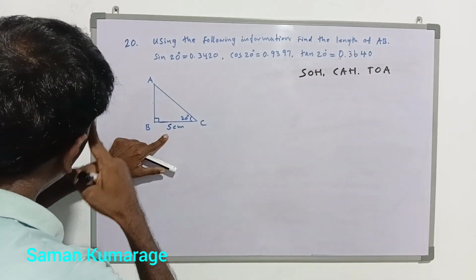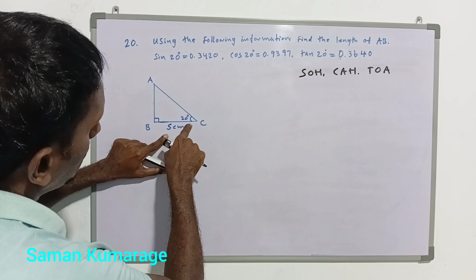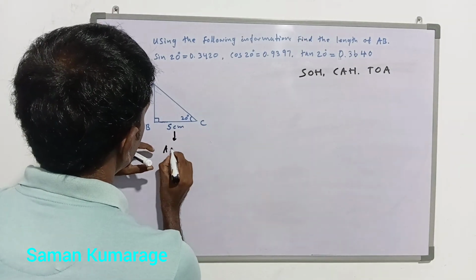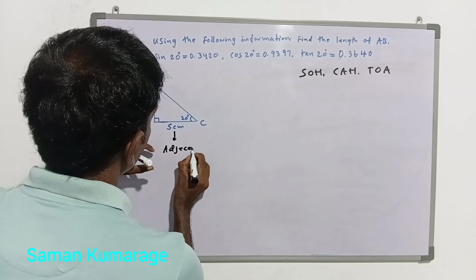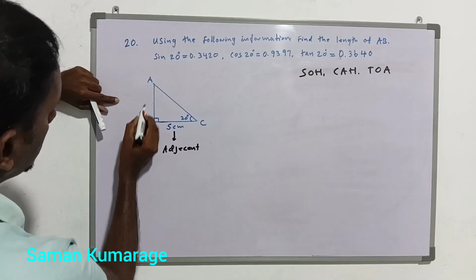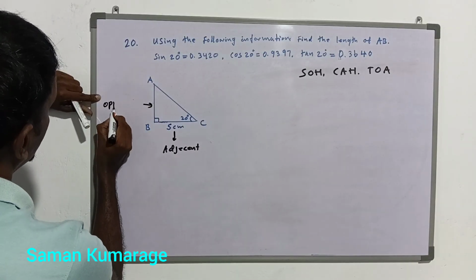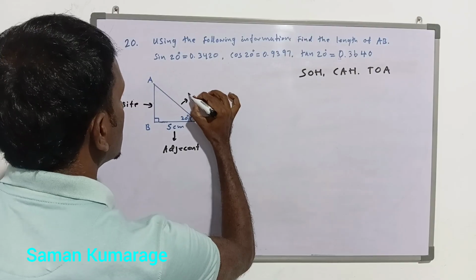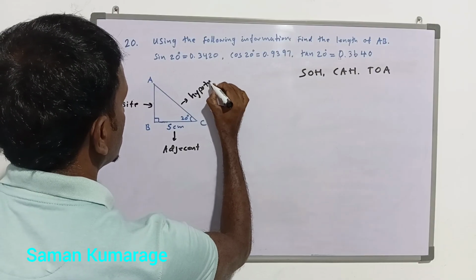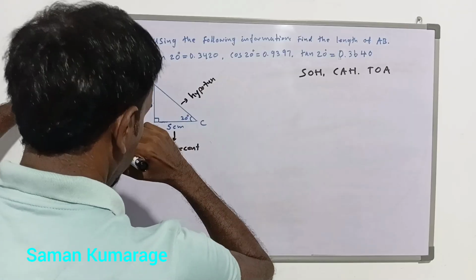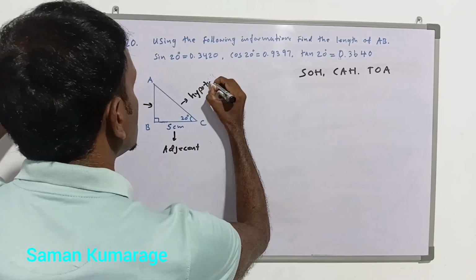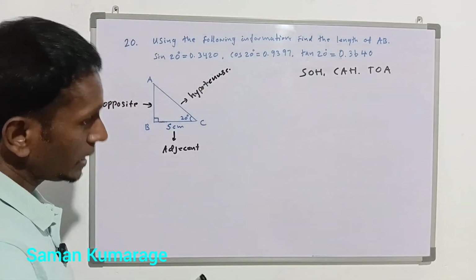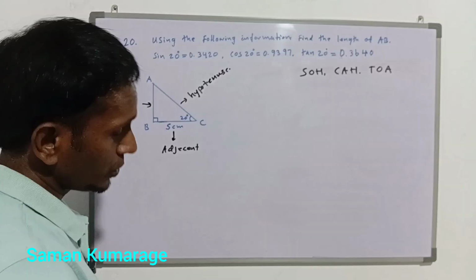The adjacent side to the given angle is called the adjacent side. And this side is the opposite side. This side is the hypotenuse. Now let's write these three ratios.